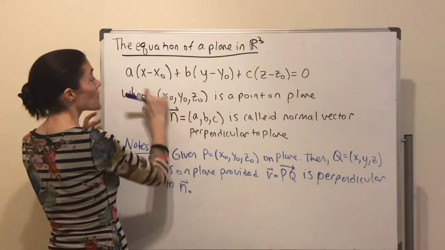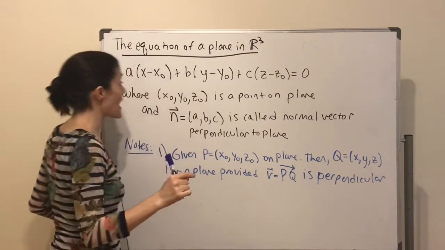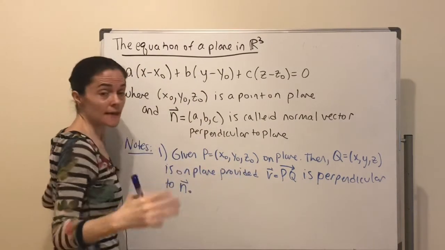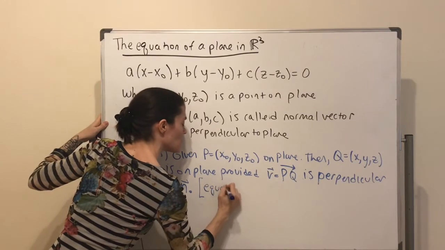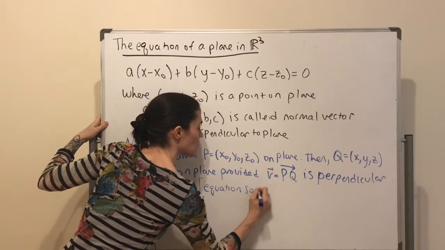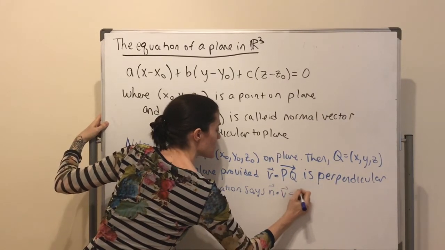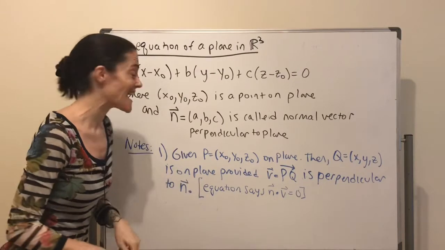And that's exactly what we see here, because this equation is exactly saying that n dot v is 0. That's what this equation says exactly.